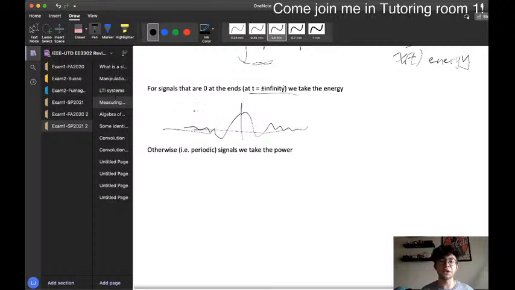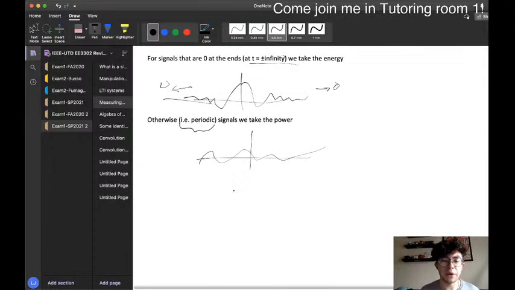One other parallel concept is the idea of power. This is how we will measure signals that don't satisfy this going to 0 at infinity. The most common class of them are periodic signals, so just any signal that's not going to be identically 0 as we take the limit.